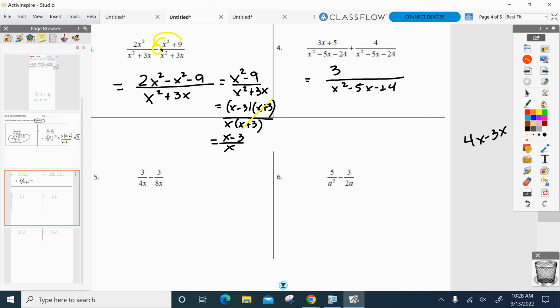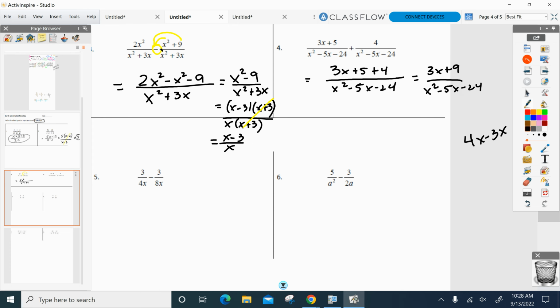On top, 3x plus 5 plus 4. Combine your like terms. It's a little bit easier to combine your like terms, right? 3x plus 9.